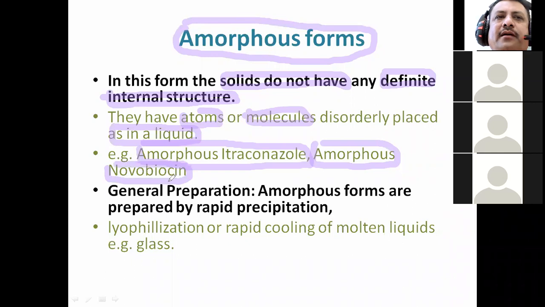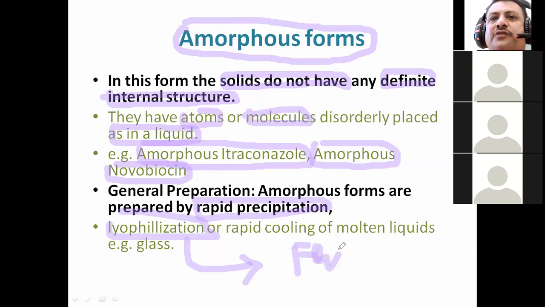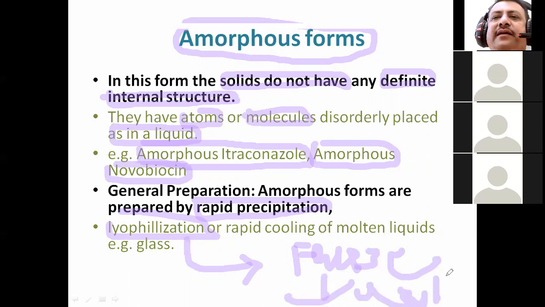Then how is this amorphous form prepared? The general preparation methods are rapid precipitation, or another technique, lyophilization. Lyophilization, in simple words, is freeze drying. In lyophilization, we go below minus 20 degrees and convert the drug into a powder or lyophilized form.